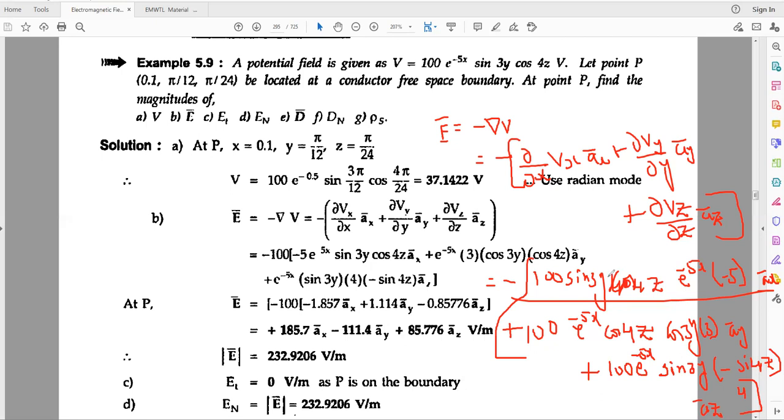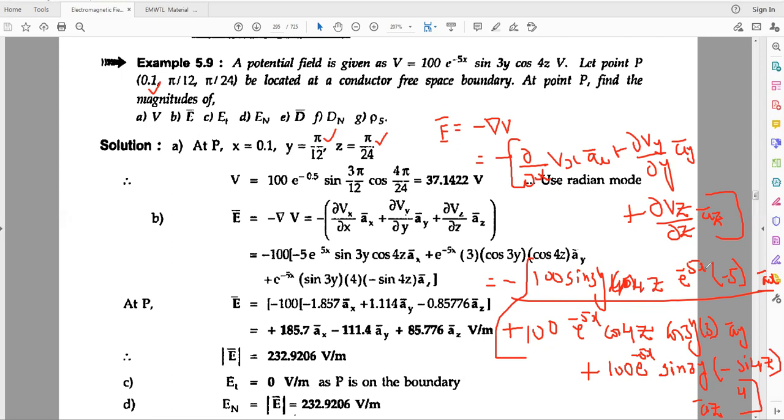Okay. Simplify the function by substituting the values: x is 0.1, y is pi by 12, and z is pi by 24. Pi by 12 means 3 is multiplied here, pi by 4, sine pi by 4 is 1 by root 2. And cos 4z means z is pi by 24, 4 pi by 6, cos pi by 6.